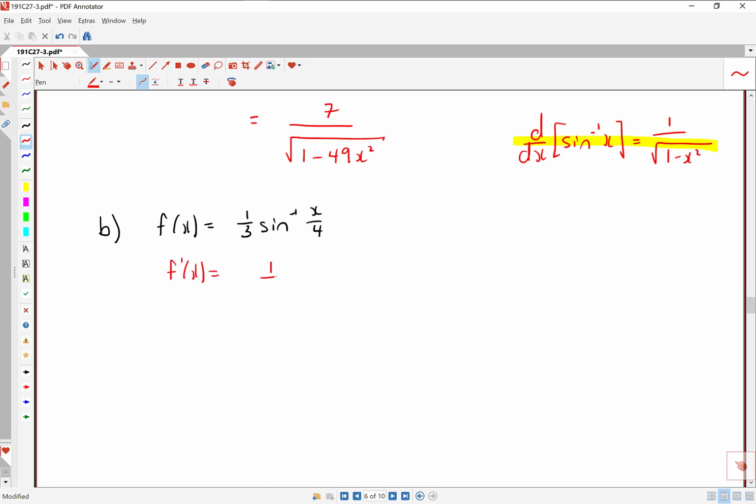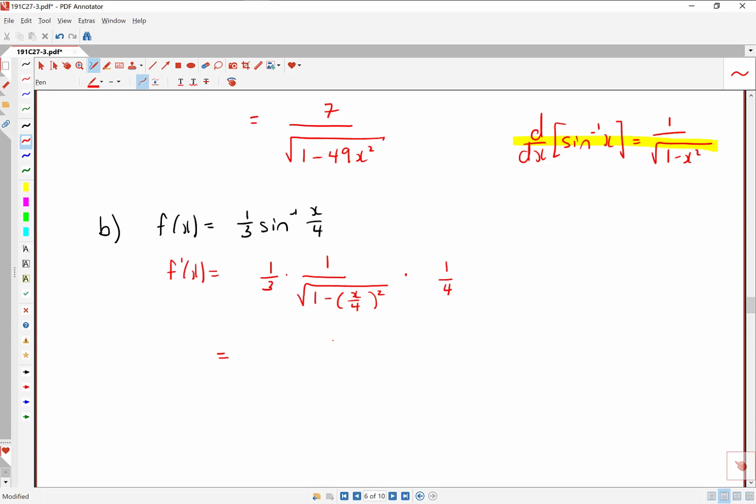So the 1/3 can just hang out in front. We're going to take the derivative of the arcsine function by going 1 over square root of 1 minus blah squared, where blah is our inside function, and then multiply by the derivative of the inside function. So derivative of x over 4 is 1/4. Okay, now let's think about how to clean this up.